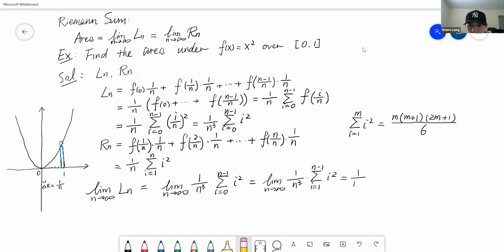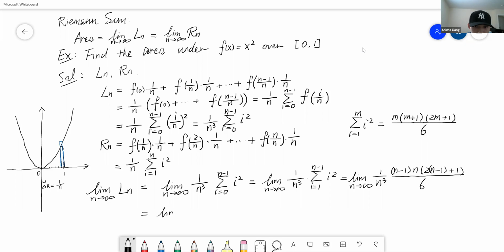the limit, of course. We should never forget the limit. The limit as n goes to infinity of 1 over n cubed of, the first term is n minus 1, the second term is n, the third term is 2n minus 1 plus 1, divided by 6. Okay, let's simplify this a bit further.